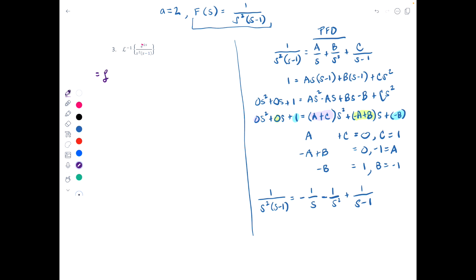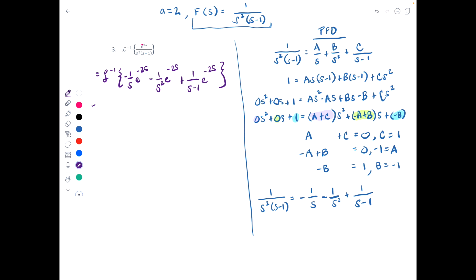our inverse Laplace transform of negative 1 over s times e to the negative 2s minus 1 over s squared times e to the negative 2s. So I'm using the information from the partial fraction decomposition and then multiplying it by e to the negative 2s. And then plus 1 over s minus 1 times e to the negative 2s.